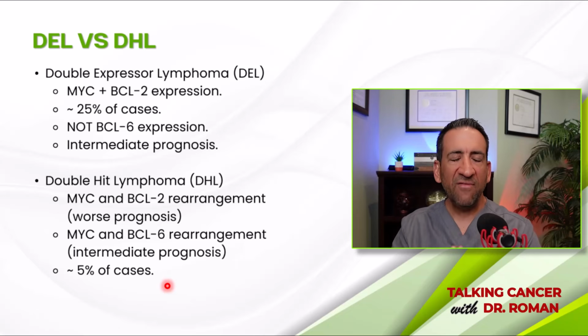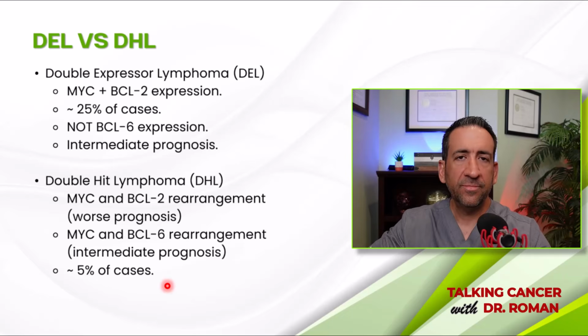So when you have a diffuse large B-cell lymphoma, you can be either a double expressor diffuse large B-cell lymphoma or a double hit diffuse large B-cell lymphoma, or have neither one. So that's another thing that you should look at in your pathology report, to see which one of these three categories you fall under.